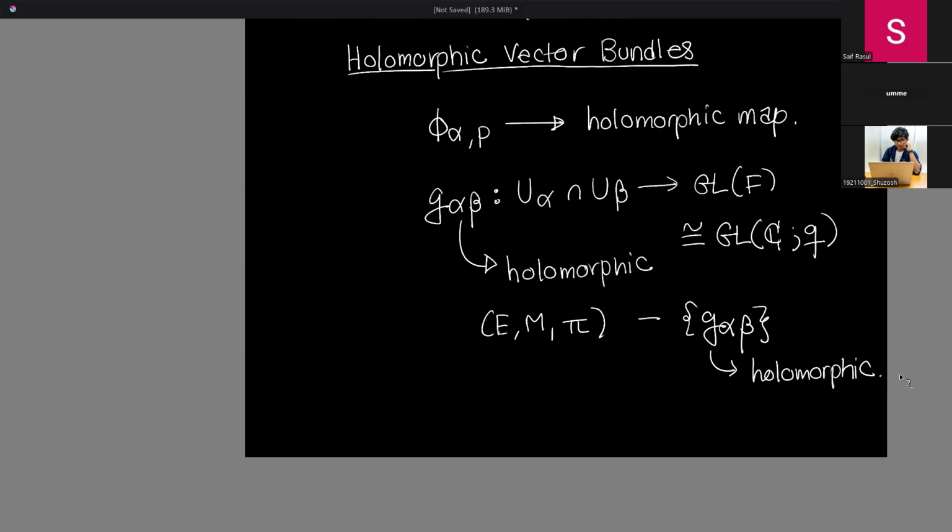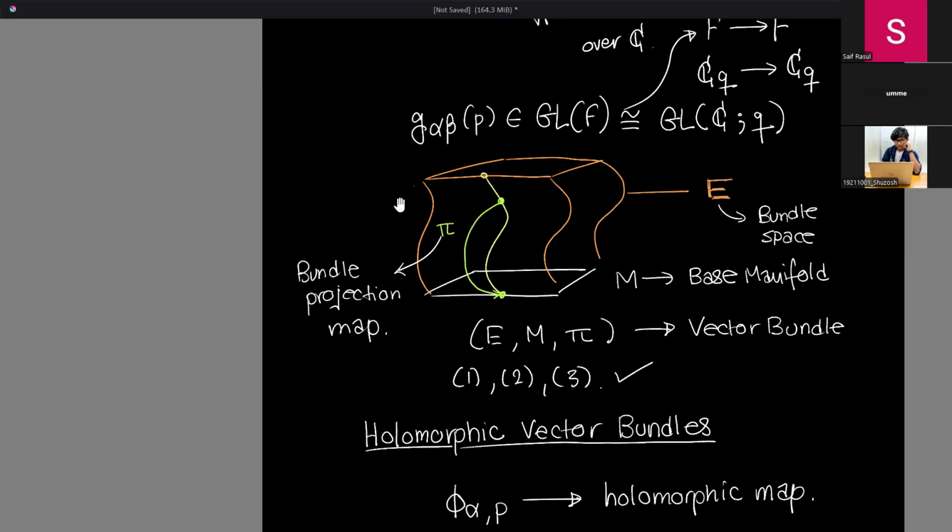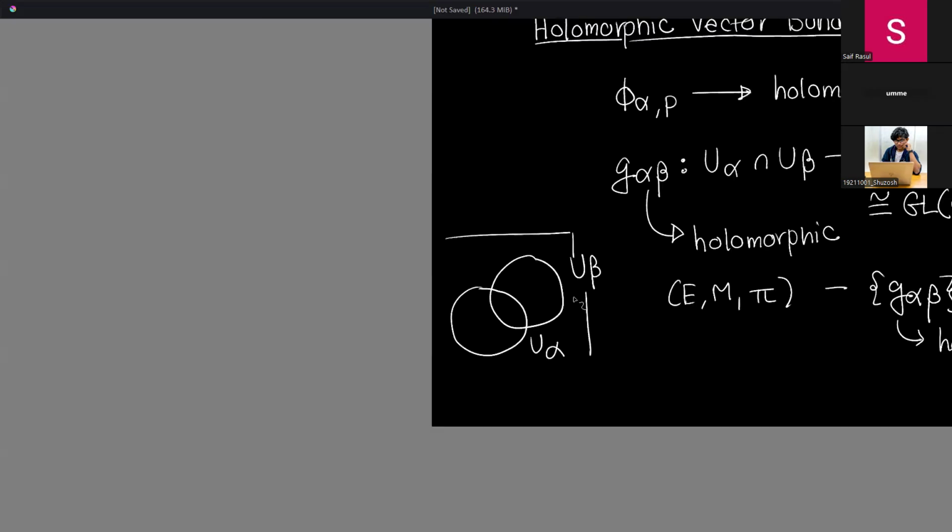And if it's not clear, G alpha beta are the set of transition functions that allow us to go, let's say I have a U alpha here and a U beta here. So this is the top view technically, the way we've been drawing these vector bundles. We're viewing it from the top. So this is M, let's say.